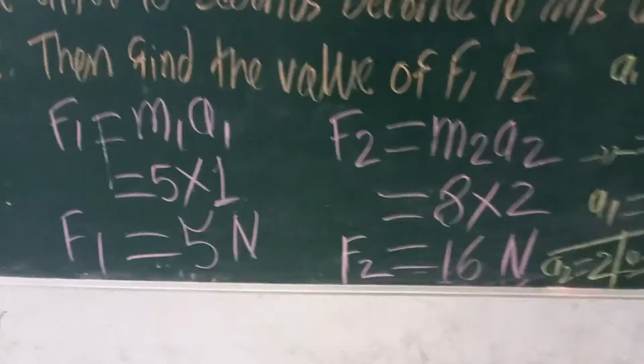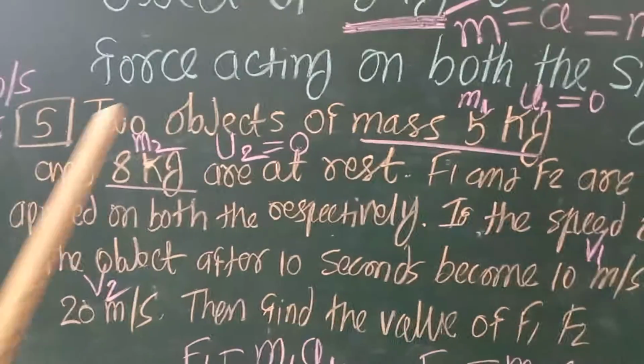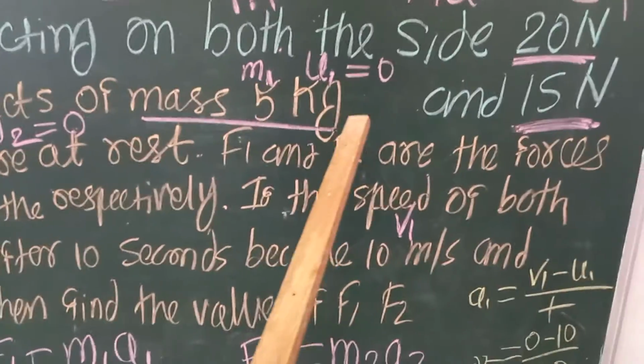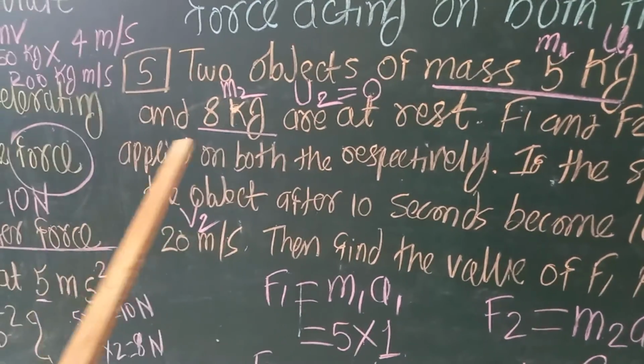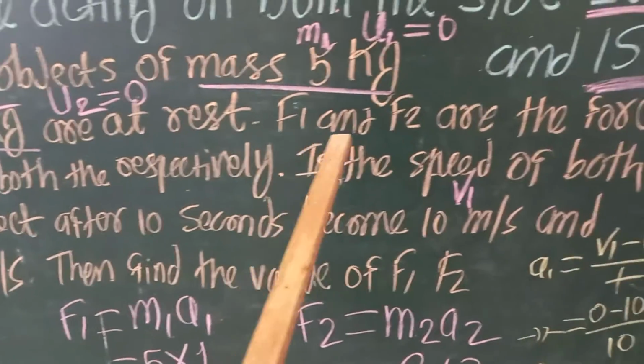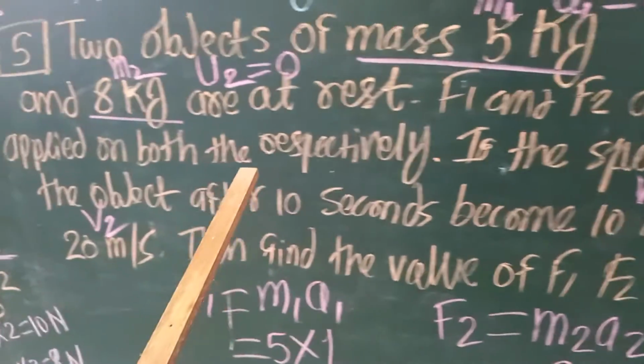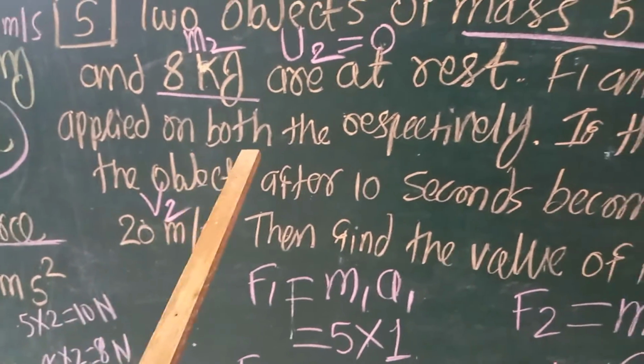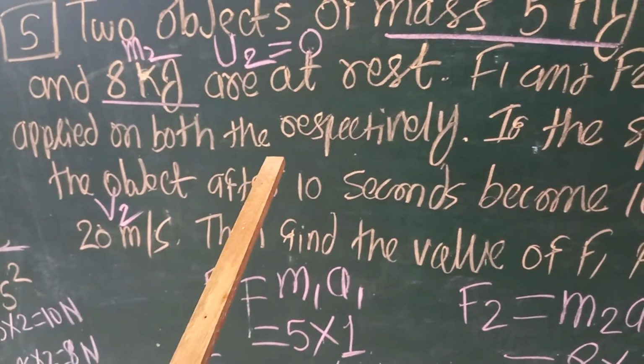Is it correct? See here, two objects of mass 5 kg and 8 kg are at rest. F1 and F2 are the forces applied on both respectively.